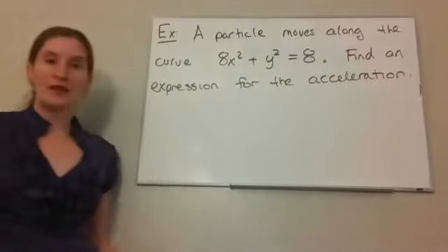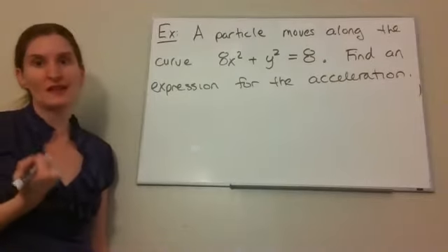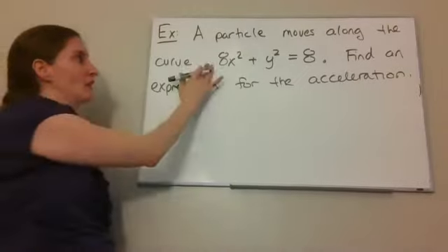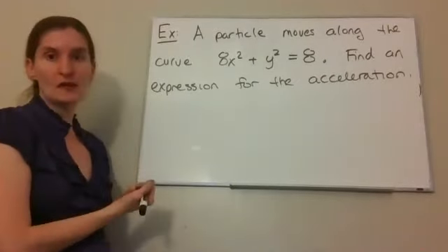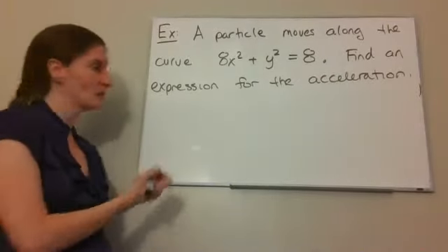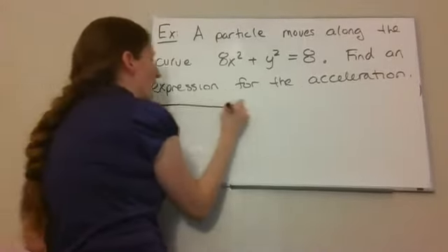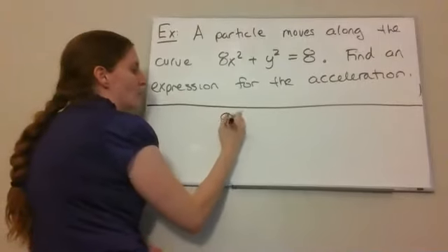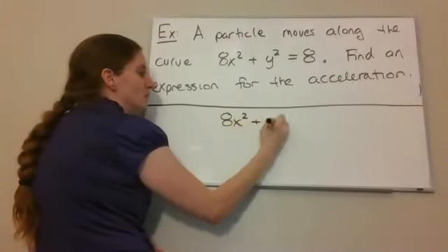All right, so we know that acceleration is a second derivative. So I need to find the second derivative of this implicit curve using implicit differentiation. We're going to start by finding the first derivative. So let me rewrite my problem.